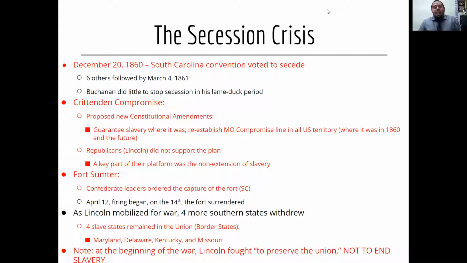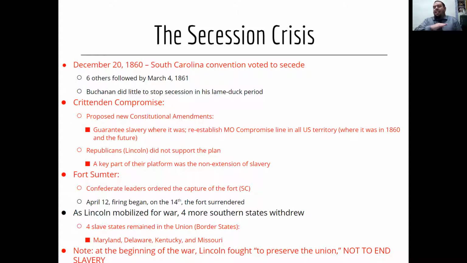You have the Crittenden Compromise, which proposed new constitutional amendments guaranteeing slavery where it was and reestablishing the Missouri Compromise line in all U.S. territory where it was in 1860 and the future.